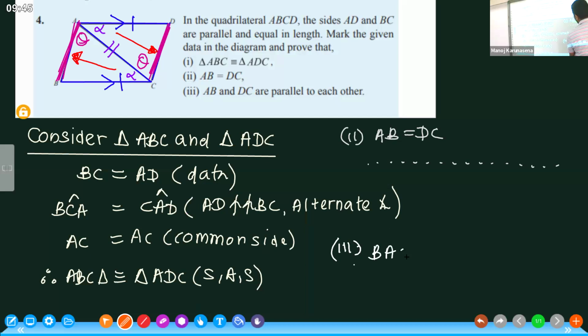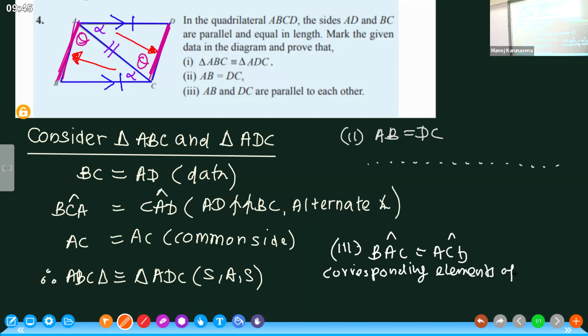The magnitude of angle BAC equals angle ACD. Corresponding elements of congruent triangles.